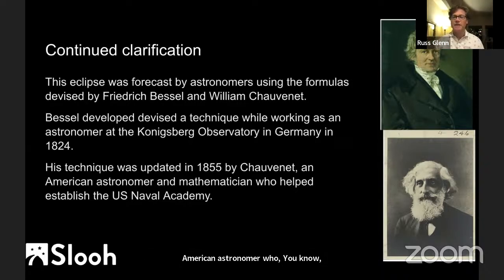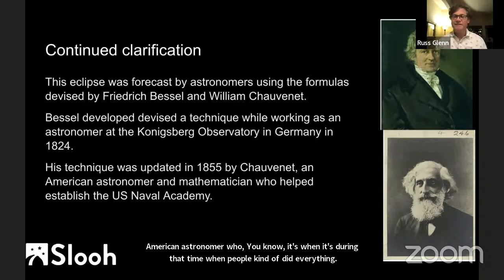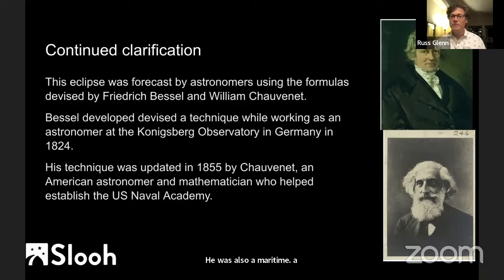He was also a maritime guy, and he helped to found the Naval Academy. His name is William, I'm guessing Chauvenet. I don't know exactly how to pronounce that, but it looks French. So these are the two who really helped us to predict that.